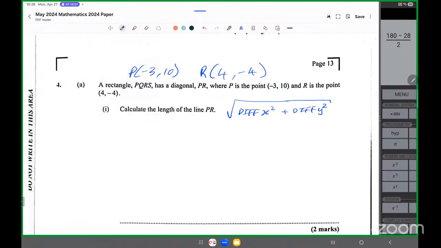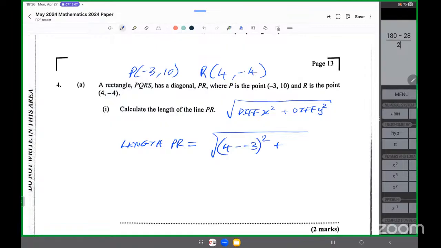So length PR is going to be the square root of the difference in the x values squared. So x value, this one minus this one, bearing in mind the sign that is there. So it's 4 minus a negative 3, squared.